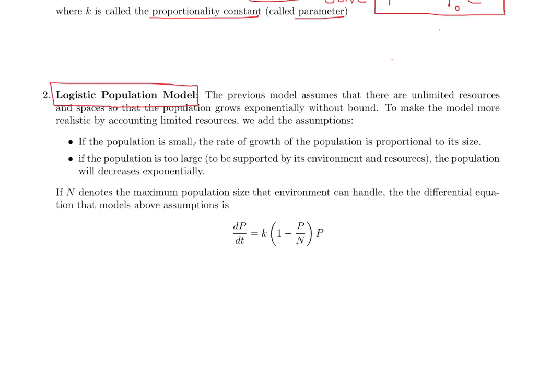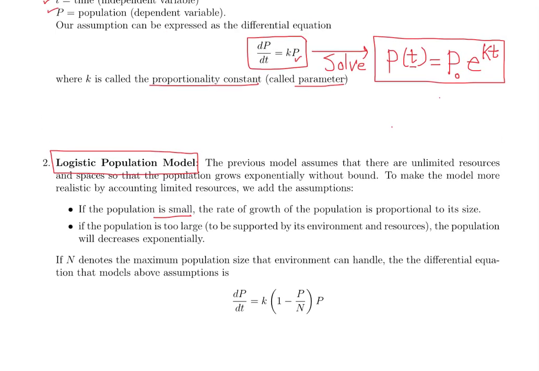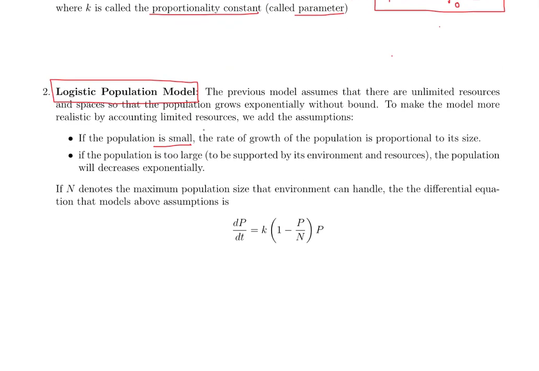So if the population is small, we need to specify how small this is, the growth rate is proportional to its size, which is like before. Okay, so the rate of growth is proportional to the population size.